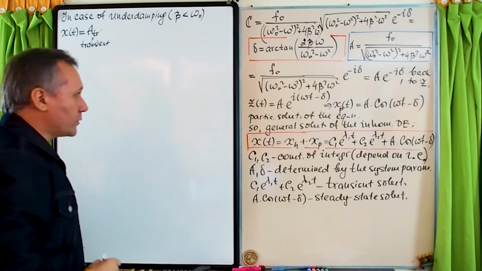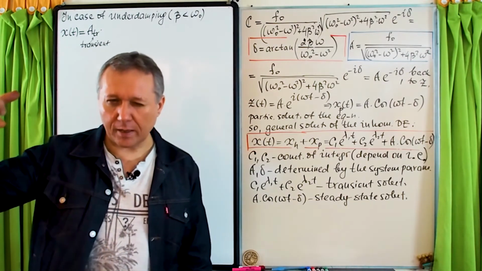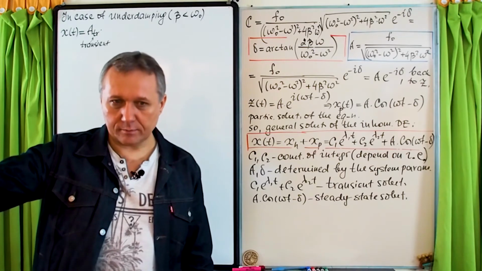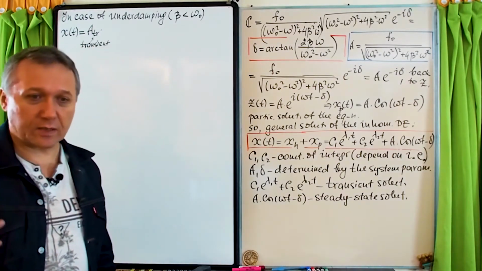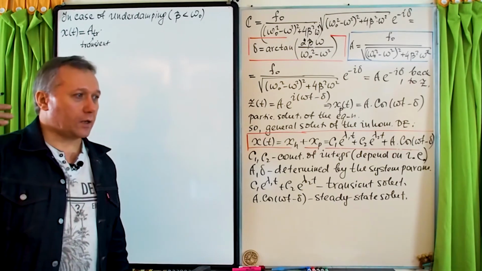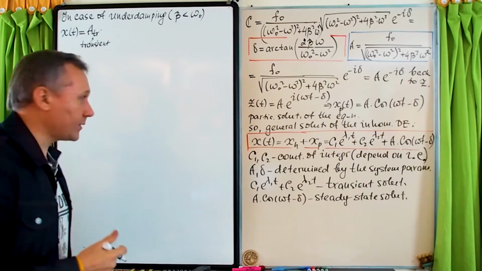Then, of course, there will be the damping factor, e to the power of minus beta t. So the damping constant, in the underdamping case, is also the decay parameter.